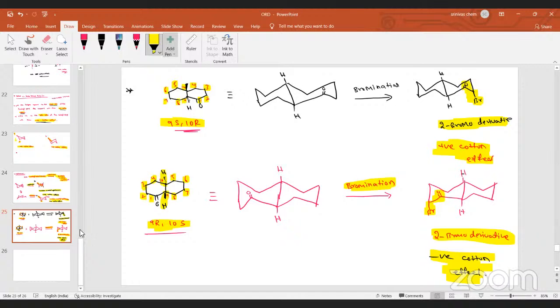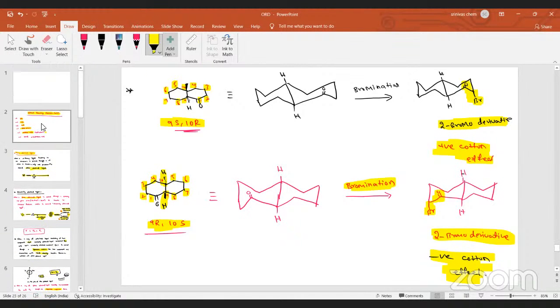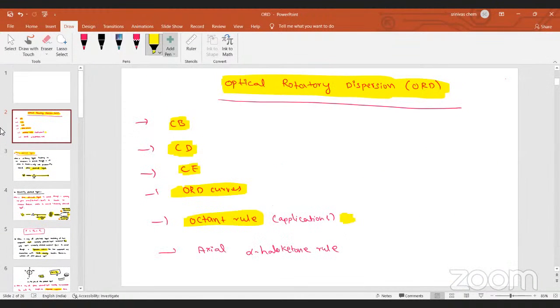So this is about ORD, optical rotatory dispersion.